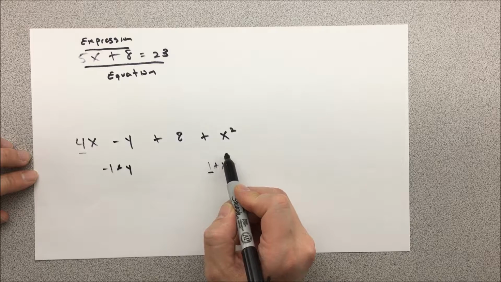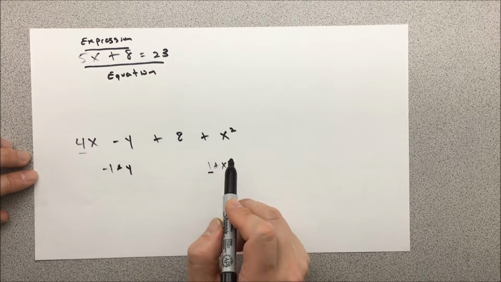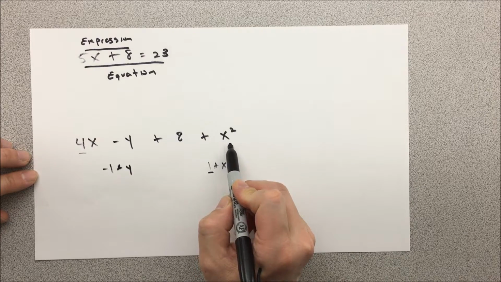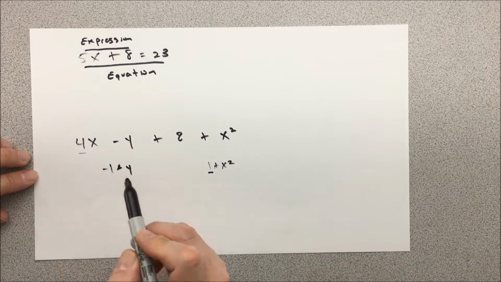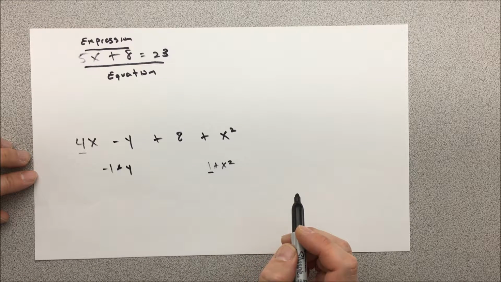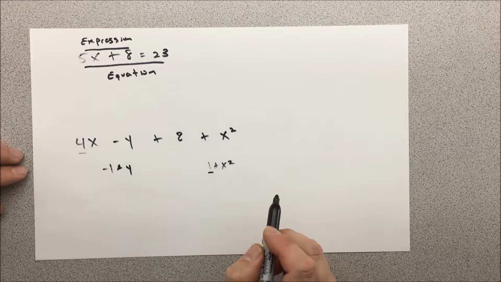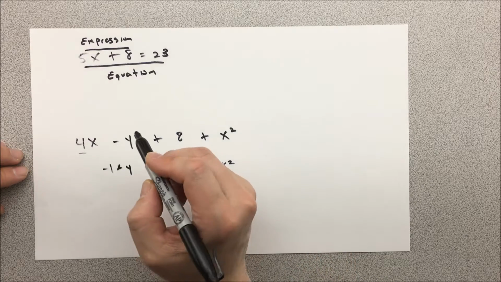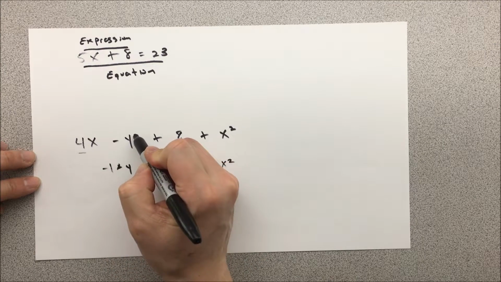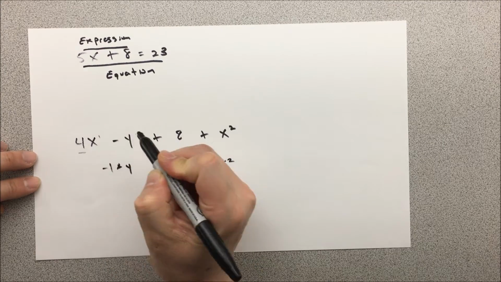Though the same letter is used for the unknown, because they have a different degree or power, the x squared is a different term than 4x. Any variable without a power you can assume has a power of 1, but this is generally not written. So in this example again, negative y or 4x has a power of 1.